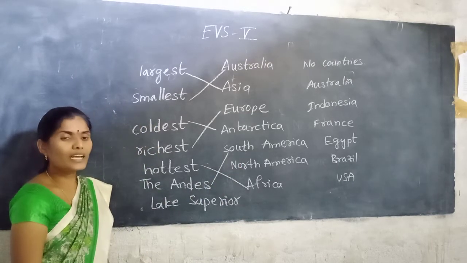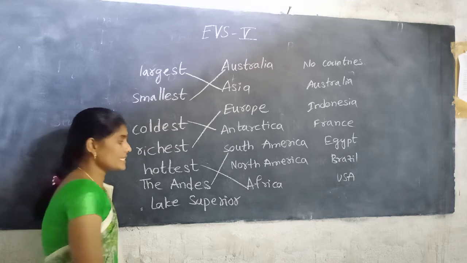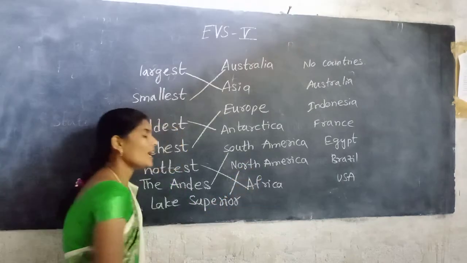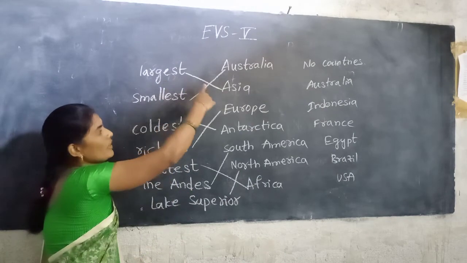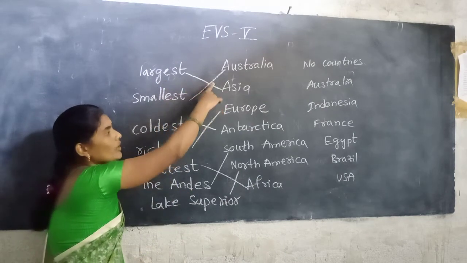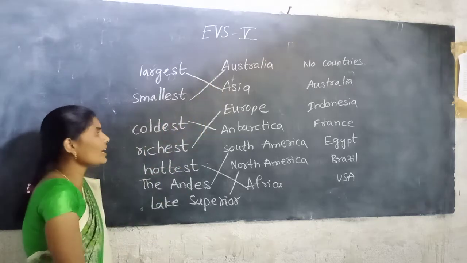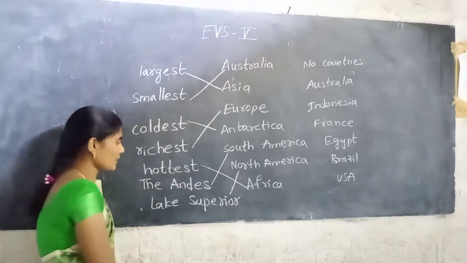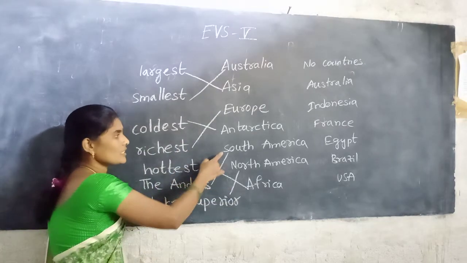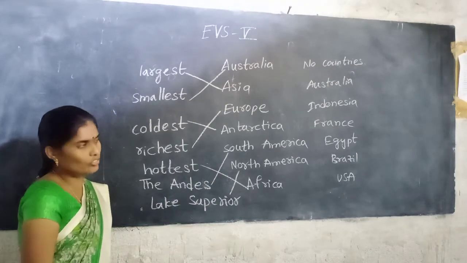Lake Superior is located in North America. Largest continent Asia, smallest continent Australia, coldest continent Antarctica, richest continent Europe, hottest continent Africa, the Andes located in South America, Lake Superior is located in North America.